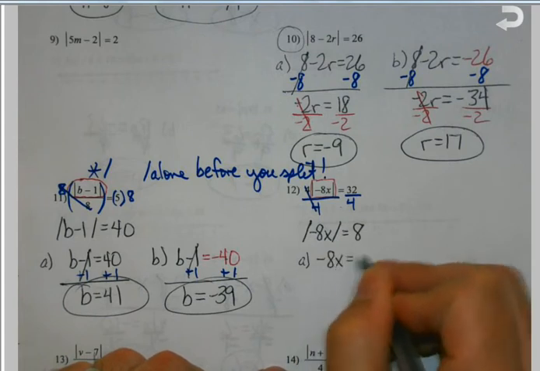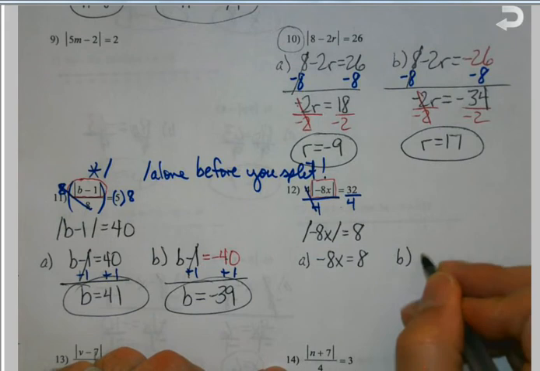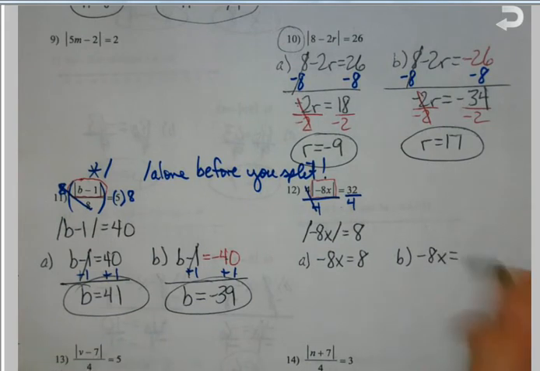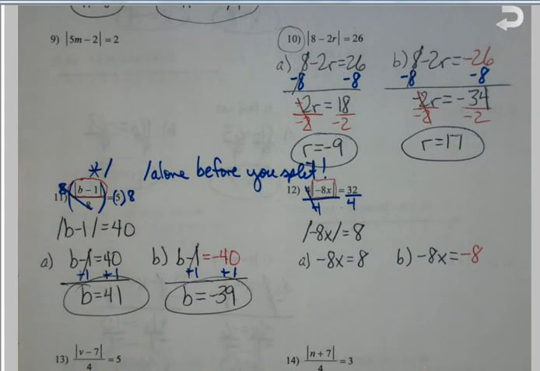And again, we don't change what's inside the absolute value. The only part we're going to change when we split is that second answer becoming negative. Once I get it isolated, and then once I get it split, what's my undo going to be this time?